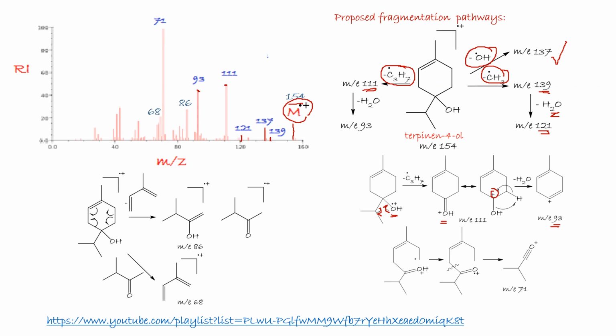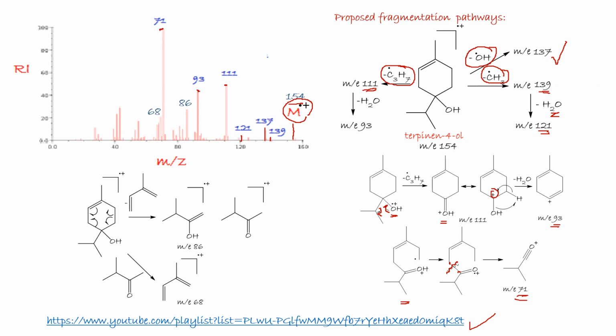If we get the molecular ion in the open form, then proton transfer, then cleavage in this carbon-carbon bond to form an iminium ion, highly stable ion, as we have learned before. Go and listen to the playlist of mass spec from A to Z. We get the ion at 71, and that's the base peak.